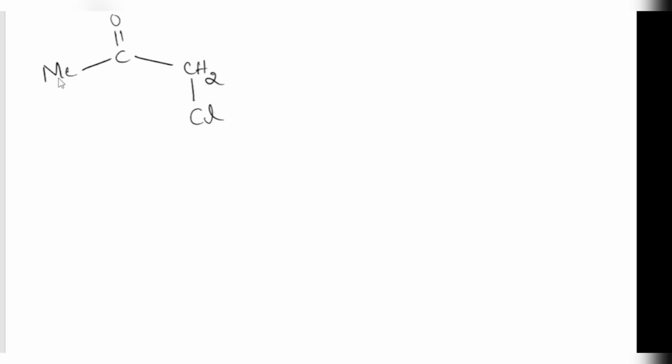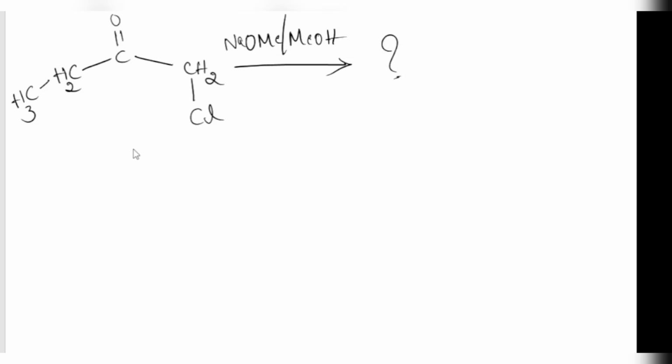Here I will not write methyl because it is symmetrical, it will become CH2 and CH3. If we add sodium methoxide in methanol, what is the final product we will get? This is a predicted product, and finally we have to work out the mechanism.